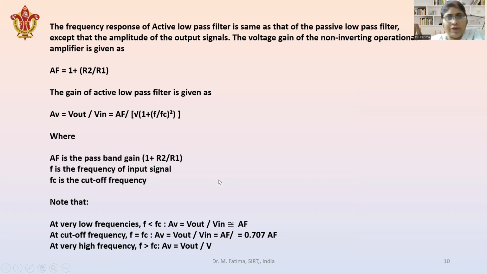At very low frequencies, when f is much less than the cutoff frequency, the output voltage is approximately equal to AF. If the frequency becomes equal to fc, then the value is AF upon root 2, that is 0.707 of AF, which is 3 dB down from AF. But if the frequency is much higher than the critical frequency, then the gain AV equals Vout upon Vin is very low.